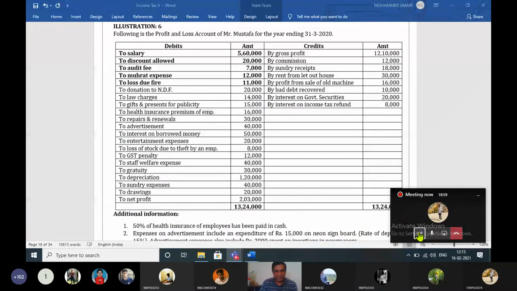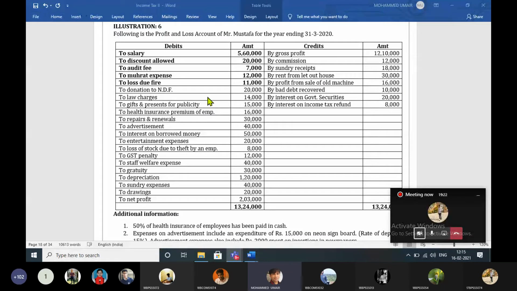Loss due to fire is a business expense, so it's allowed because the assessee has lost his stock in trade on account of fire, so therefore it is allowed. Next is donation to NDF. Now what does this NDF mean?